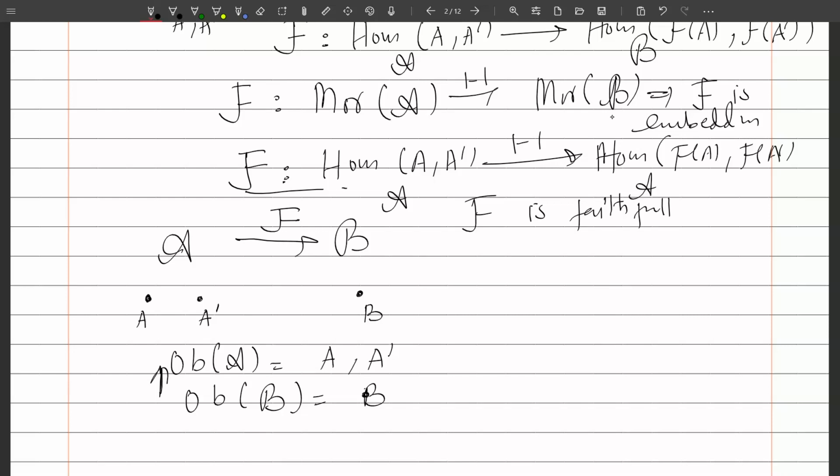So it naturally maps the objects A and A prime to the same object B.